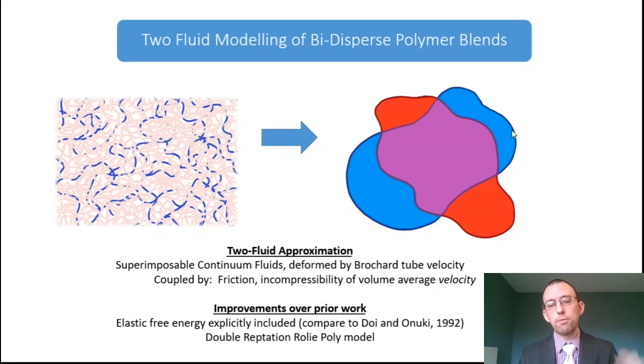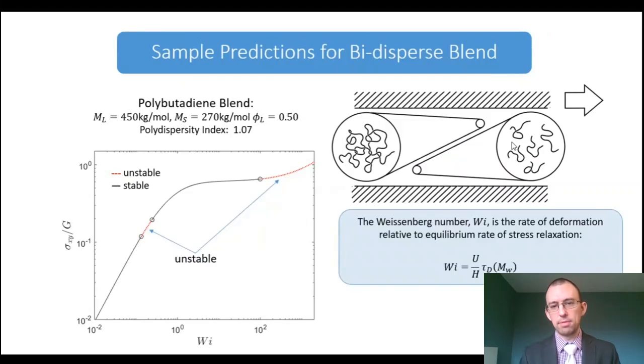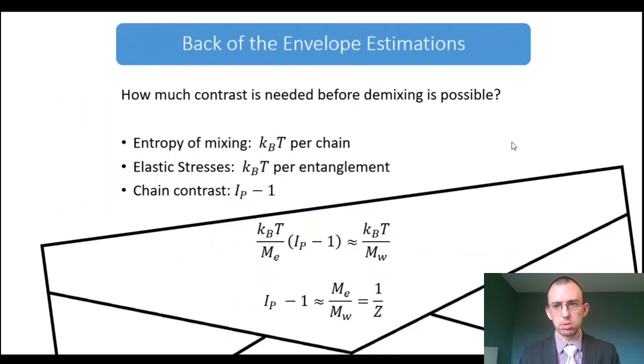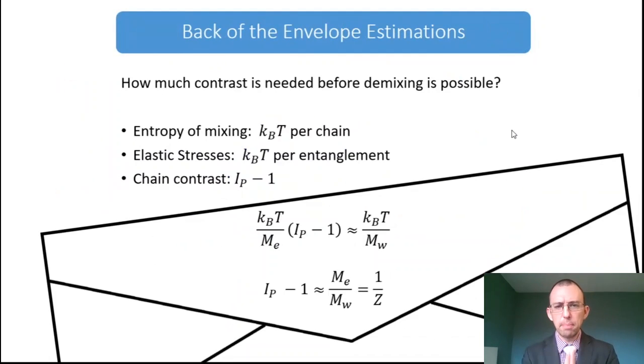Okay, so before we proceed to the calculations and results from this two-fluid modeling framework, I want to begin with some back-of-the-envelope calculations. Sorry about this. So the question is, how much contrast is needed before shear-induced demixing is a reasonable expectation?